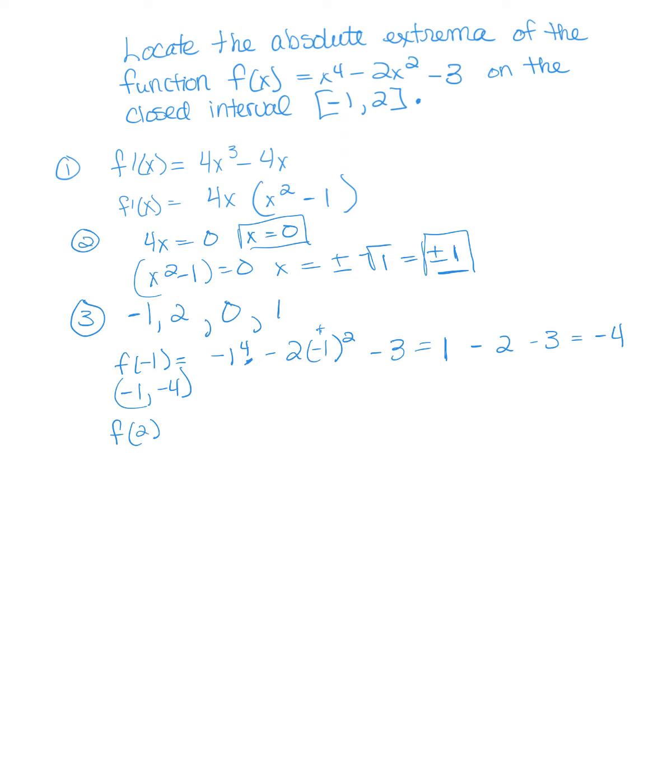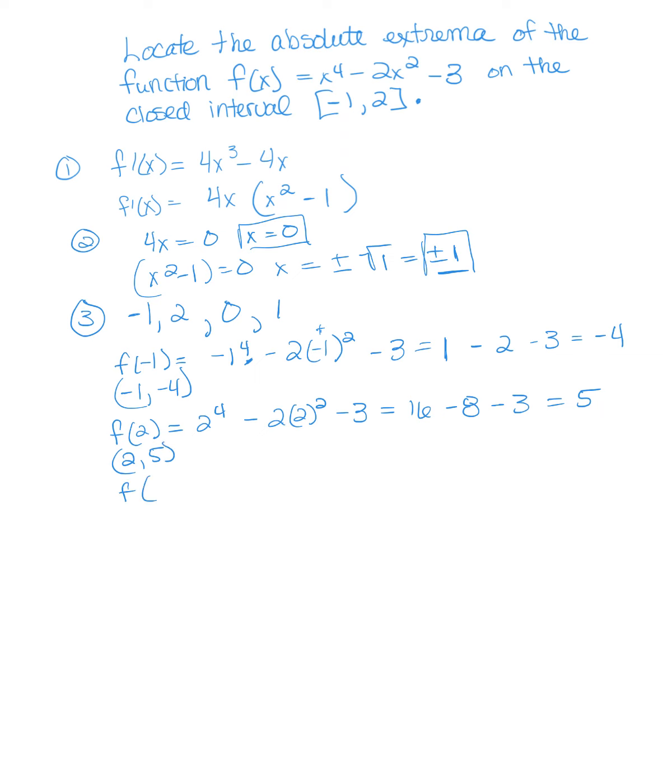And then f of 2 is going to be 2 to the 4th minus 2 times 2 squared minus 3. Let's see. 2 to the 4th is 16, minus 2 squared is 4, so 2 times 4 is 8, that's -8, minus 3. 16 minus 8 is 8, minus 3 should be 5, so that'll give us a point at (2, 5).